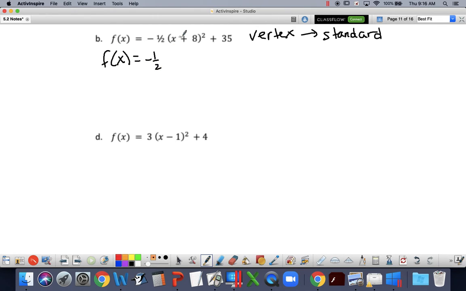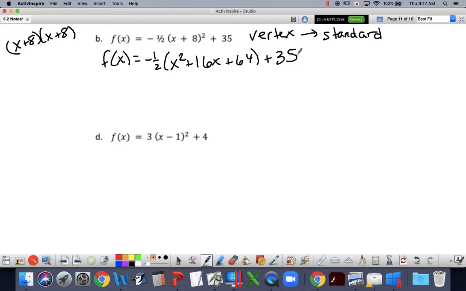Because remember, right, this x plus 8, the quantity squared, that means this. Right? We do not bring the 2 inside or any of that. Because I am adding in here, I must FOIL out. So I get x squared plus 16x plus 64, and then I've got my plus 35 on the end. Notice I'm only going to distribute this through my FOILed parabola, right?